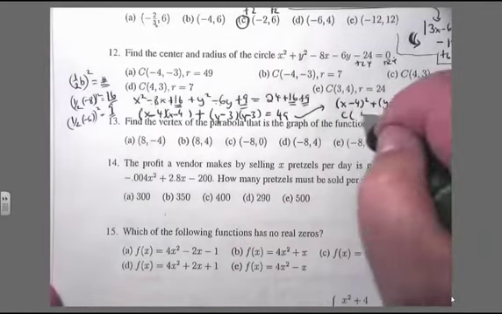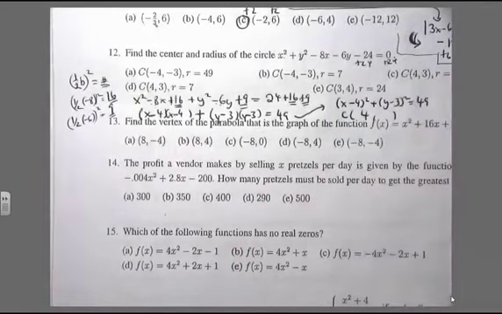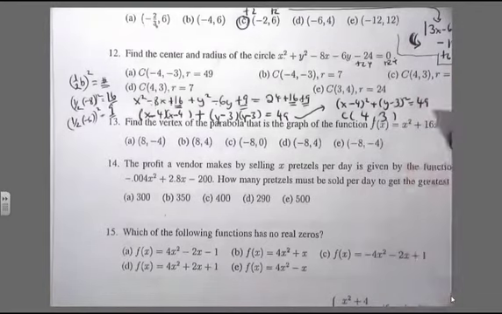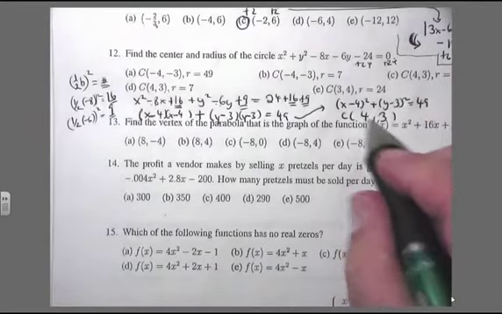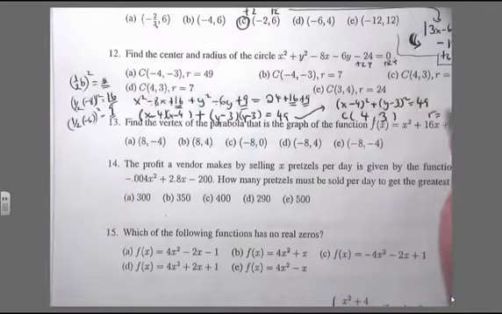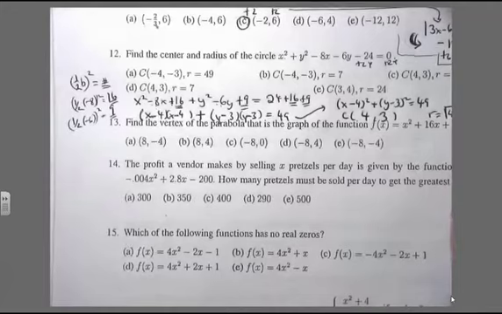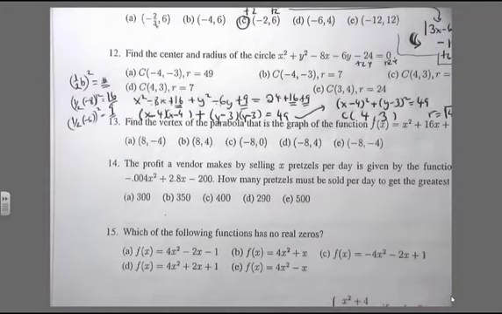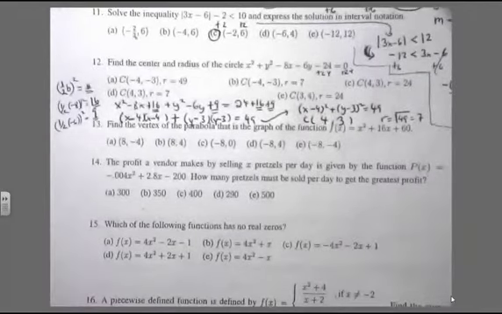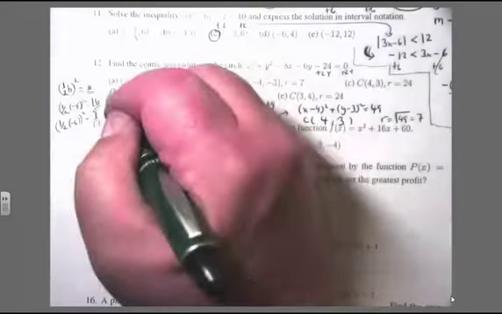Positive 4. I've got y minus 3 squared, so take the opposite. What do I get? 3. So the center point is the point (4, 3). And what's my radius? That's the square root of 49, which is equal to 7. So my center is the point (4, 3) and my radius is 7, which makes the answer D.